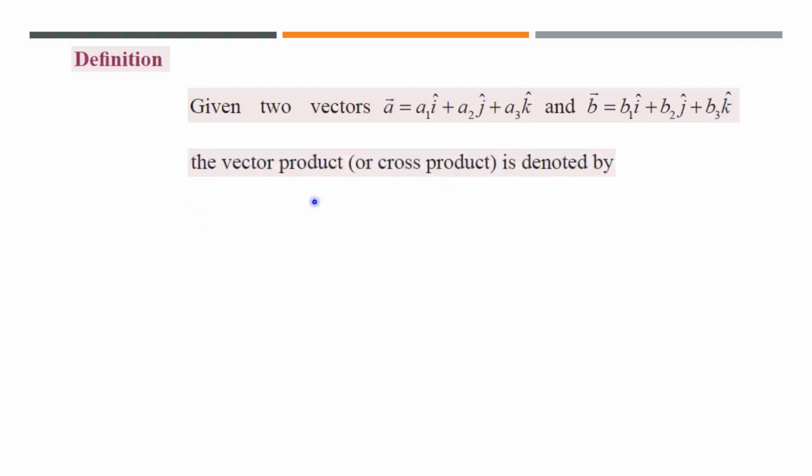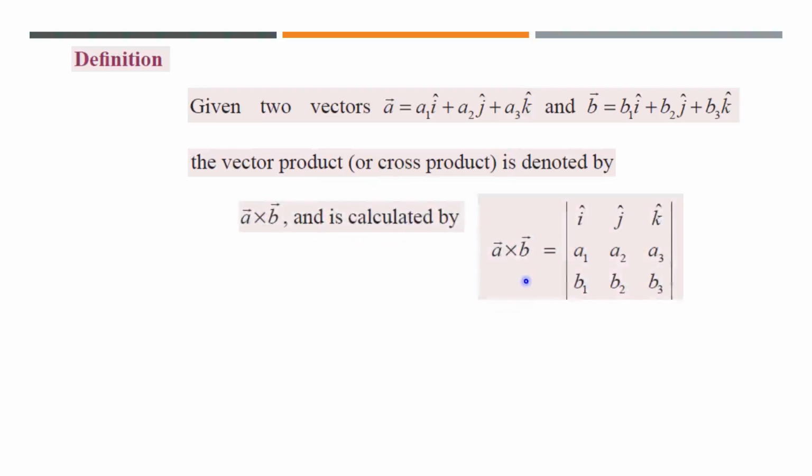Then the vector product, or cross product, is denoted by a vector cross b vector and is calculated as the determinant of i cap, j cap, k cap, and in the second row we mention the first vector's coefficients of i cap, j cap and k cap.